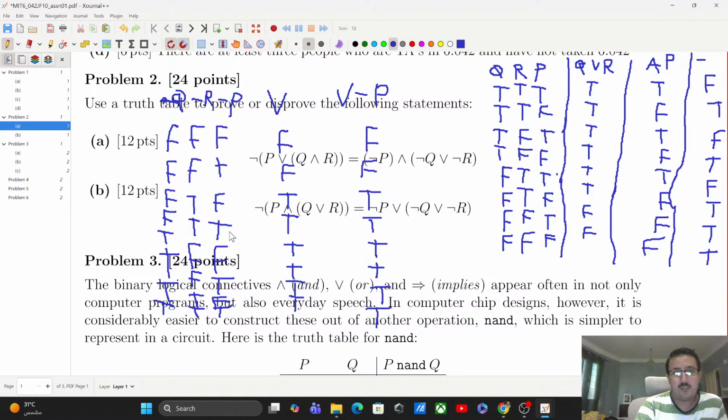So I got this T, and I get the TFT, that's, get it wrong. FT is T, it's actually T, and this is FF. So this is wrong. So this is wrong. This is correct.